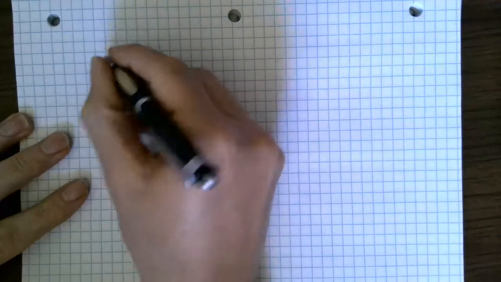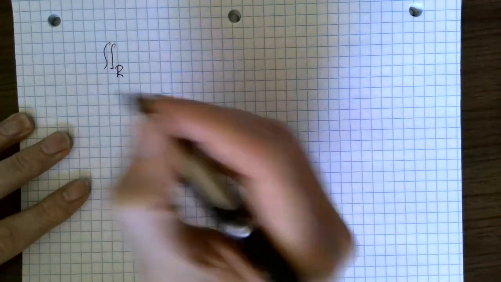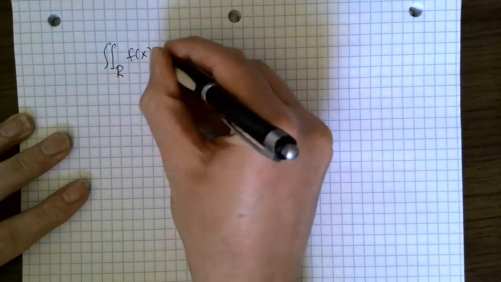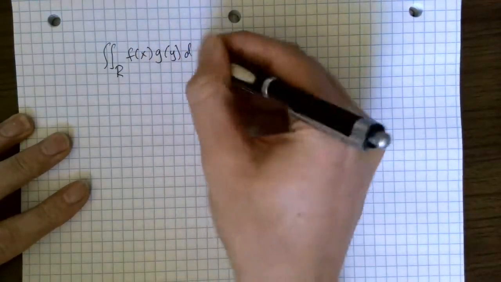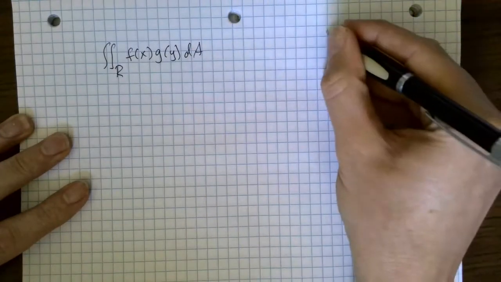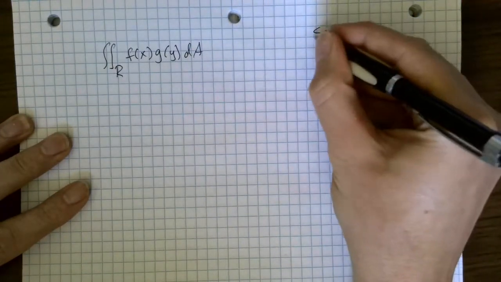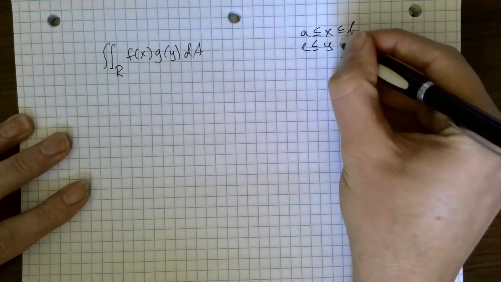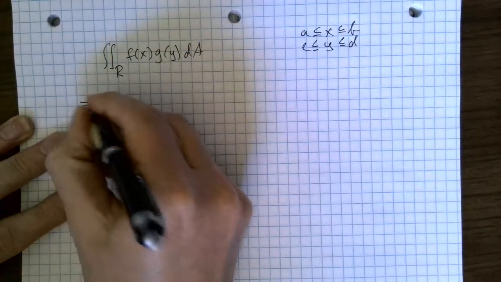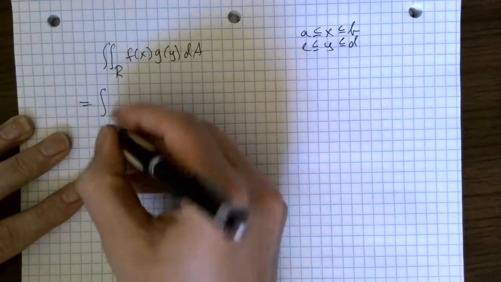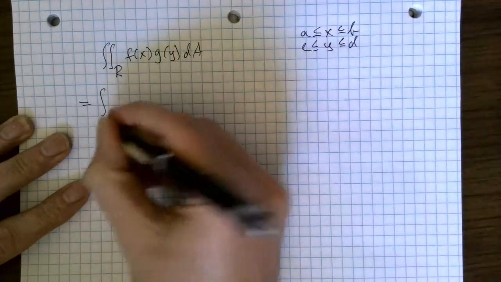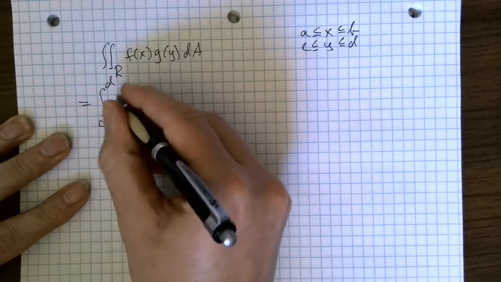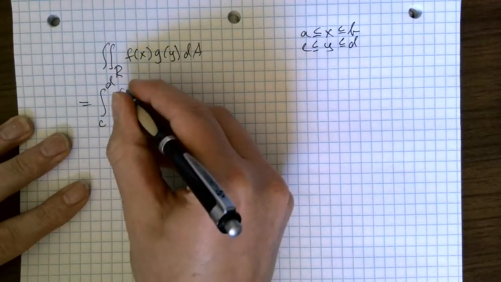If I have an integral over some rectangle of f of x g of y dA, and the rectangle is x from a to b and y from c to d, then let's write it out. We have the integral. Let's do the y on the outside, it's not really going to matter, and the x on the inside.